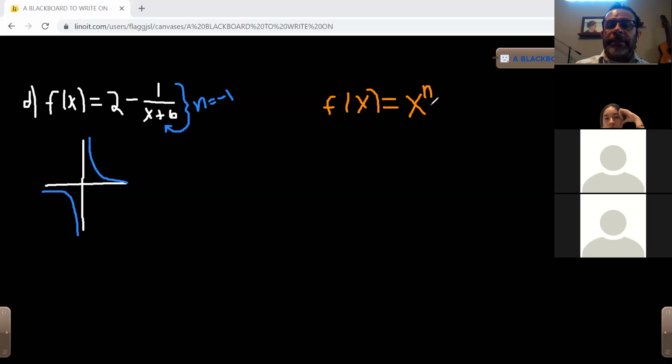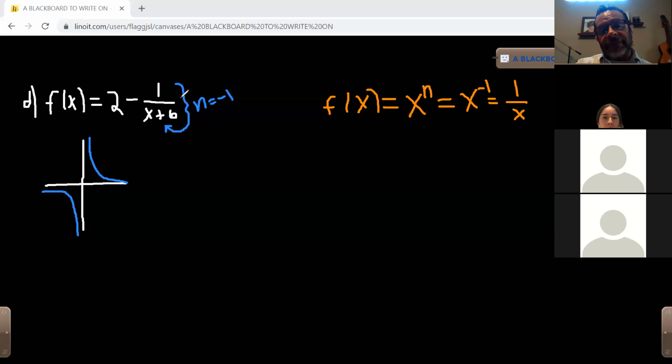So what happens if n is equal to -1? What type of function do we have? X to the -1. And what does a negative power mean? It means that the x is in the denominator. So it's still a power function, but whenever we have a negative power, it means that the function is in the denominator. Okay.